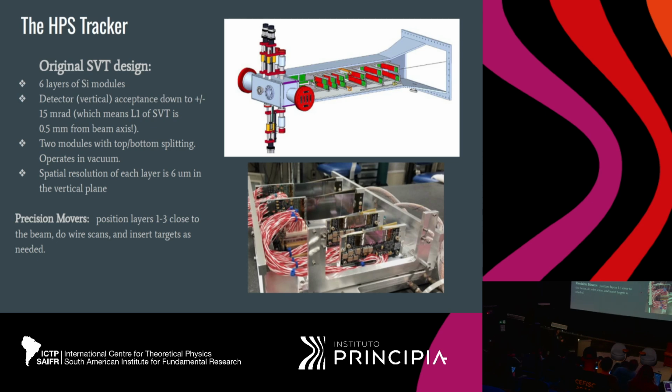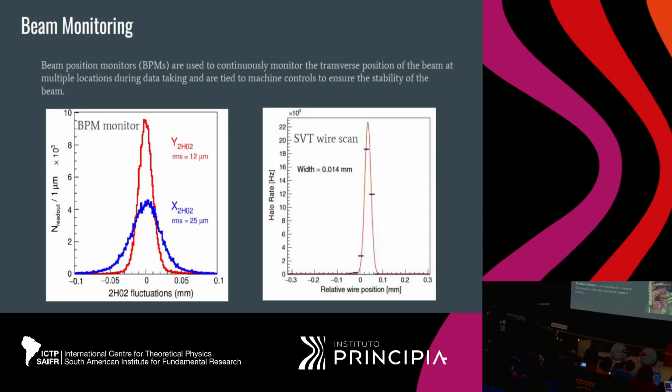And so there is a quite complicated procedure to operate this experiment. You have to perform scans of the beam profile, then you do the scans with the detector itself, and you progressively make them closer to the beam up to the operating position.